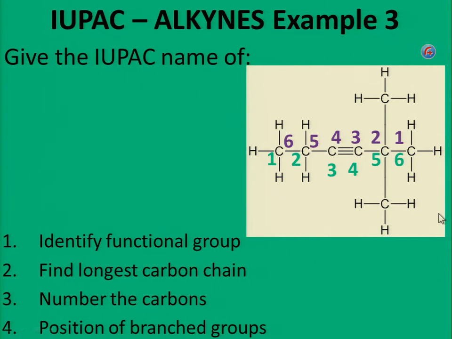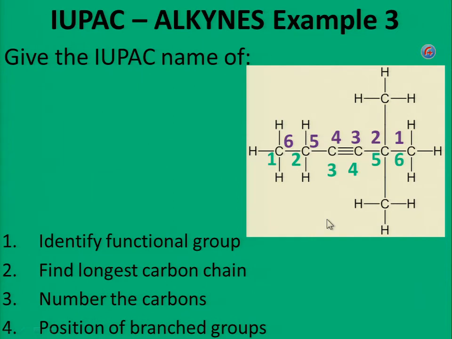Now you number your carbons. If you number from the left-hand side, you have the green numbers. If you number from the right-hand side, you have the purple numbers. So, look at which numbers give you the lowest combination, which for the triple bond is 3 and 4, but for the purple numbers, it is also 3 and 4.